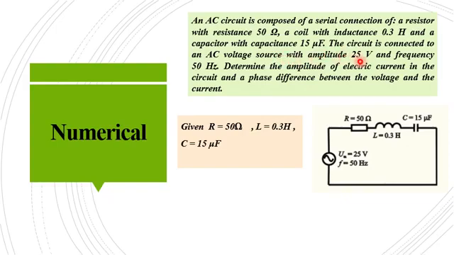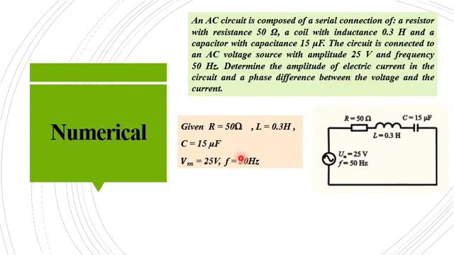That means the maximum value or the peak value of the voltage is 25, that is, Vm is equal to 25. The frequency is 50 Hz. Then it is asked to determine the amplitude of electric current and the phase angle. That means we have to find Im as well as phi.